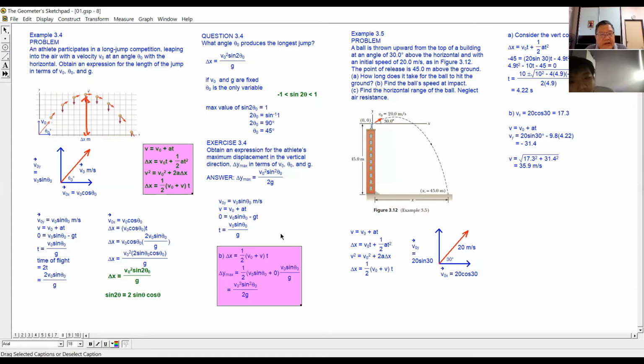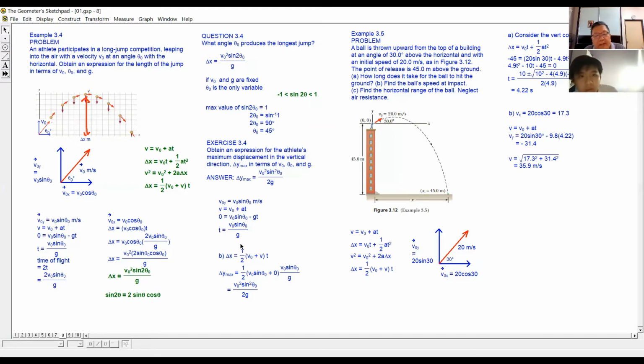So the distance traveled is half the initial velocity plus the final velocity, multiplied by time. Now we apply this formula to the vertical component, so the displacement is the vertical displacement.